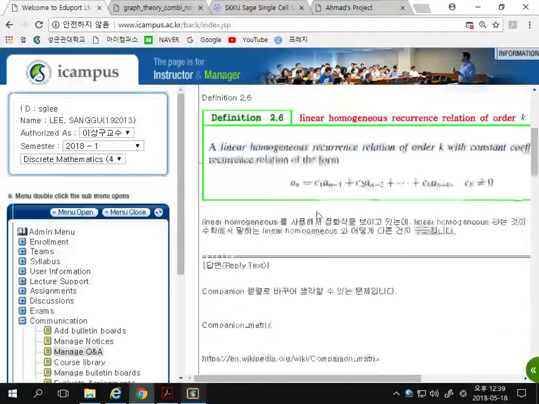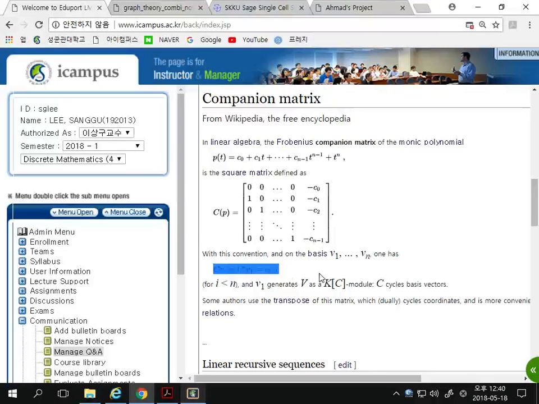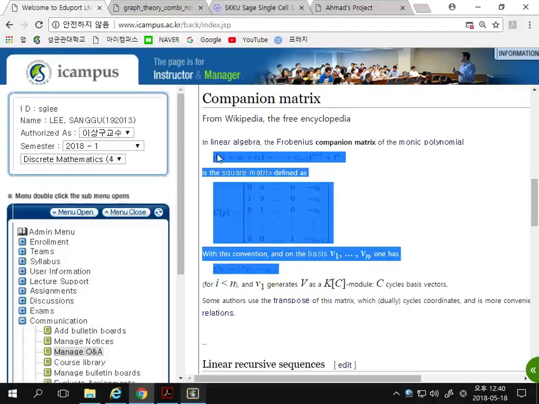So this recurrence relation can be translated into this kind of matrix power problem. The recurrence relation and the linear system of equations in linear algebra are basically the same problem.